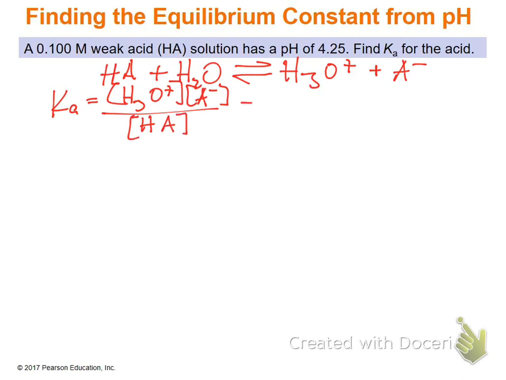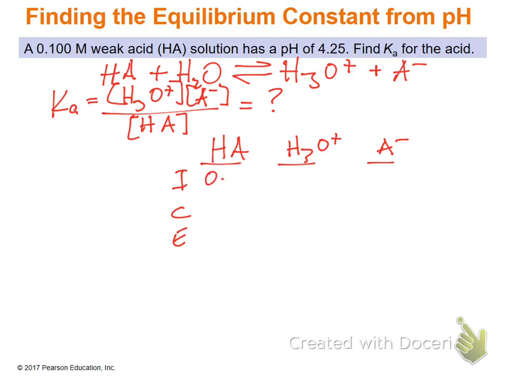All right, and this is what we're trying to find. We don't know what it is, but we're given the pH. So we set up our ice table. So we have HA, H3O plus, and the conjugate base. We're given the initial concentration of 0.1 for the acid, and for our products, initially 0.